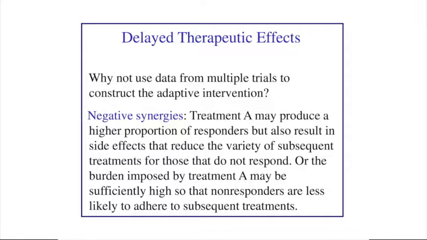And if you get those side effects, a whole host of other drugs are no longer possible for you. This happens with antipsychotics. There are certain antipsychotics that, if they don't work for you, can produce movement disorders. And once you get one of these movement disorders, you have it forever. And a whole host of other drugs are no longer possible for you.